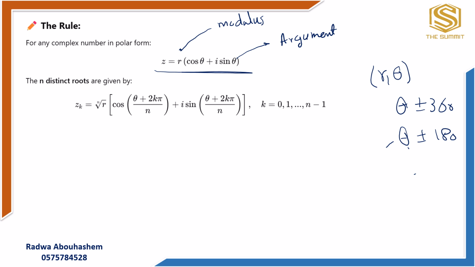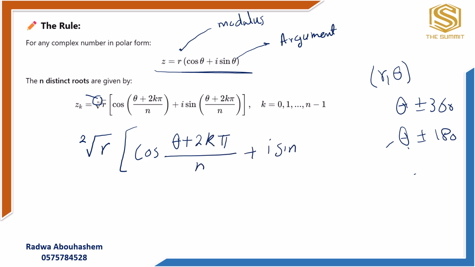According to how you change the theta, you're going to have distinct roots. But does it go on forever, or do we have some limits? If I want to take the square root, this means that n would be 2. So it would be cosine of theta plus 2k pi over n plus i sine of theta plus 2k pi over n. I'm going to explain it now.